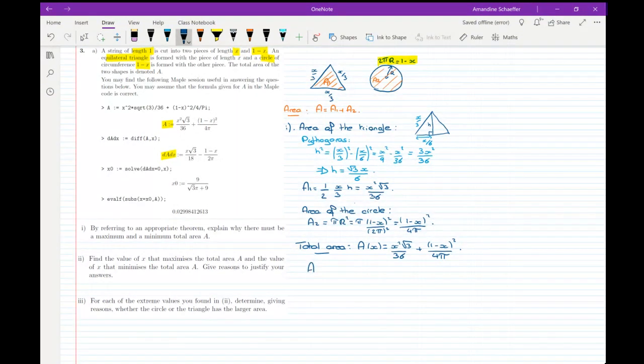So A is continuous, okay, everywhere on R, but do we actually care about R? Not really. So what is the domain of A?